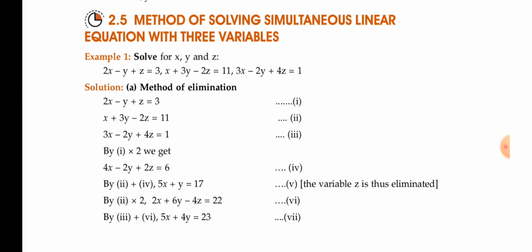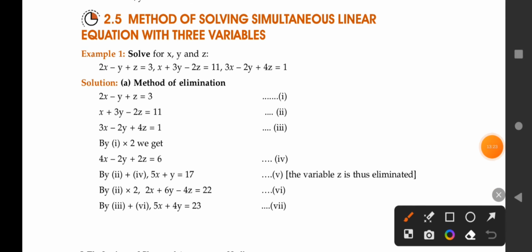So method of solving simultaneous linear equations with three variables. If you have three variables, how are you going to solve? Again, similarly, cancel out the common variables. Okay, what do you get? Suppose you focus on z over here, so we already have 4z in addition, minus 2z here, so let's multiply by 2 and subtract this equation.